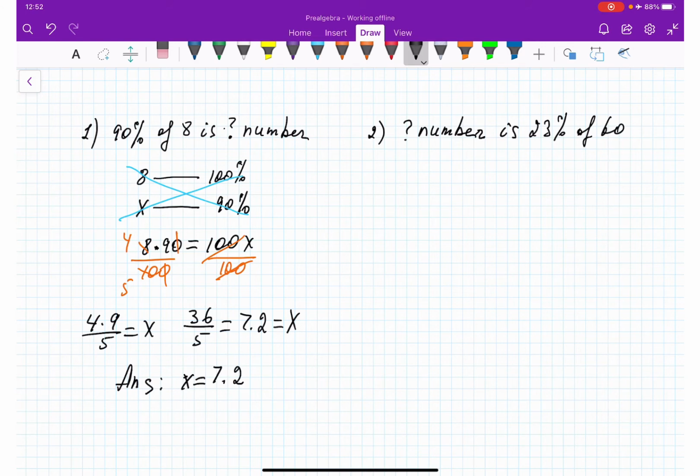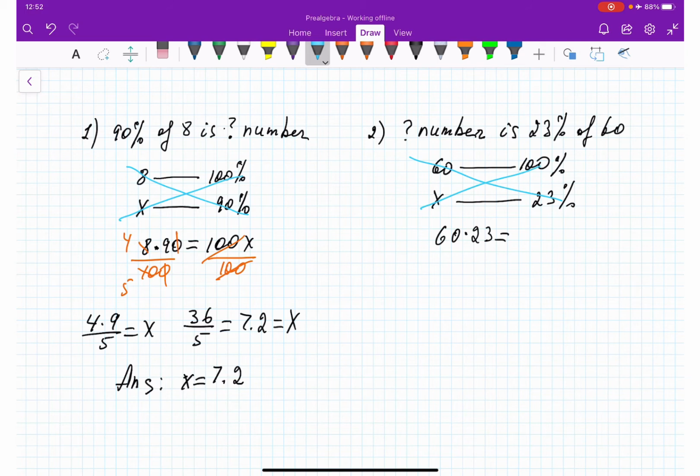So our 60 is going to be our 100%, yes? Now x number, let me put percentage here. X number is going to be 23%, right? It's the same proportion. So we are going to do 60 times 23 equal 100 times x.